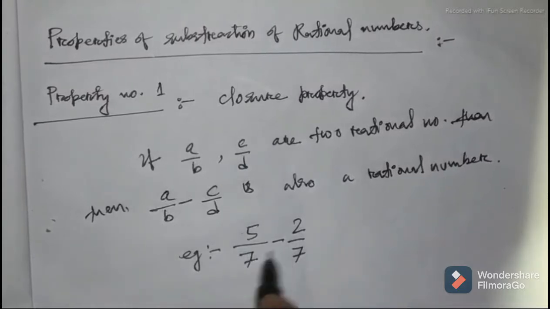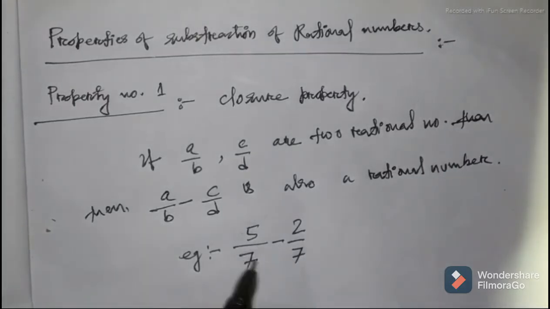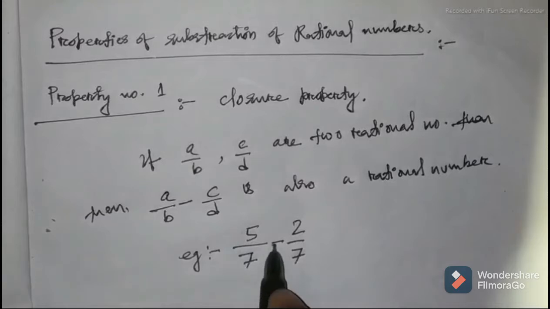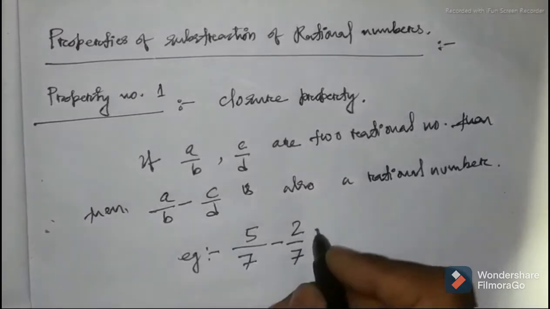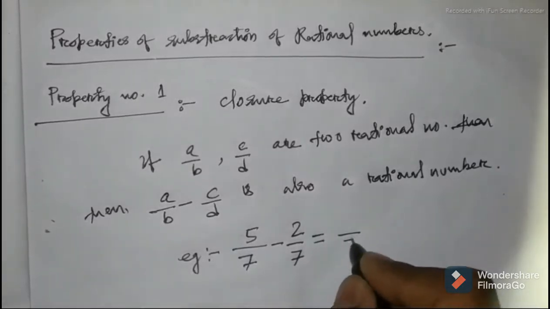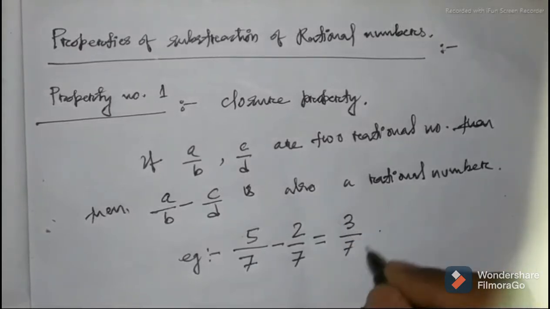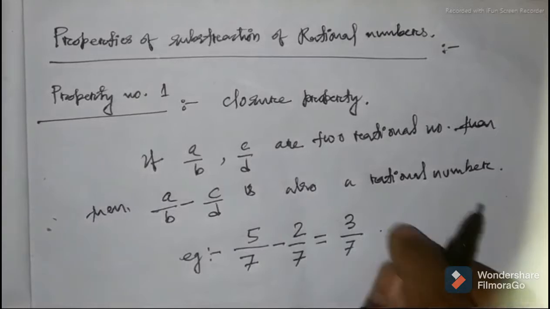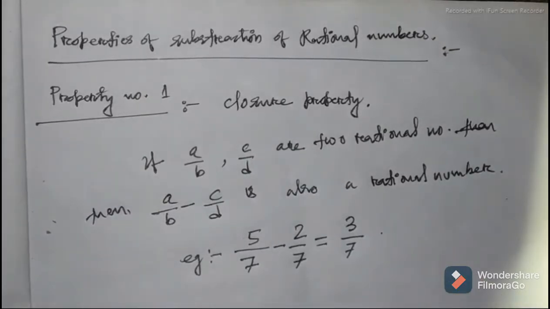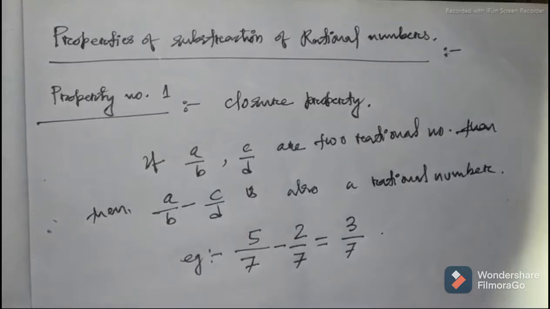If 5 by 7 and 2 by 7 are two rational numbers, then 5 by 7 minus 2 by 7, that is 3 by 7, is also a rational number. This is the closure property of subtraction. It can be said that the closure property holds for subtraction.